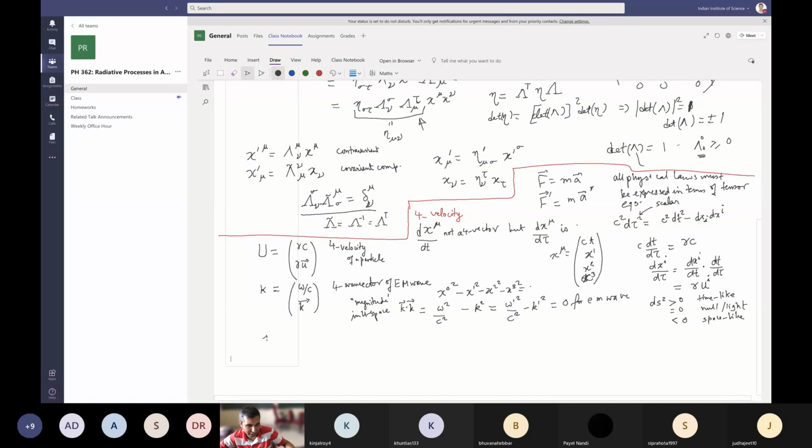Similarly, j. This is velocity. This is wave vector. This is current density. So this is rho times c, and this is j, the current density. Rho is charge density.